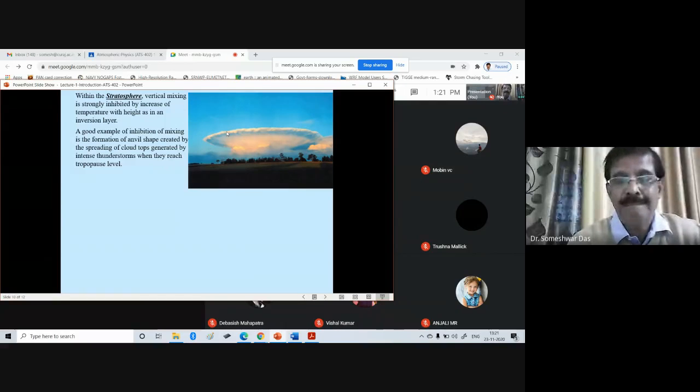When the thunderstorm is passing over you, you will only see the base, so you miss this vision. It can be seen if you're flying in an aircraft, or if the cumulonimbus is very far away from you, then you can see this cloud. Okay. So, because of this inversion, it is not able to spread.